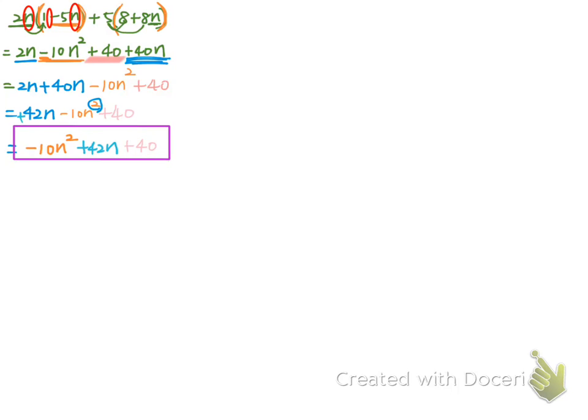Let me explain this one more time. Whenever you have n times any number, any variable, multiplied by, let's say, a digit 2, this tells you I want n times 2. So basically what I'm saying is I want 2 boxes.